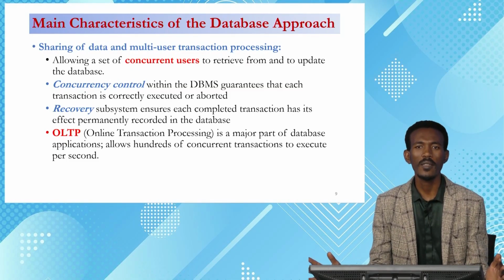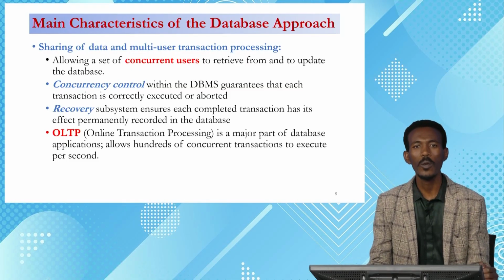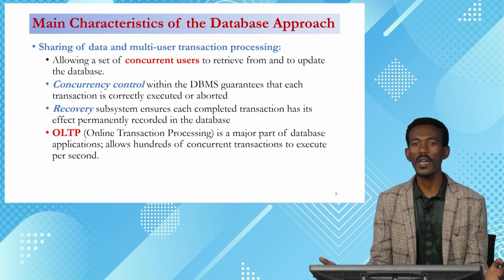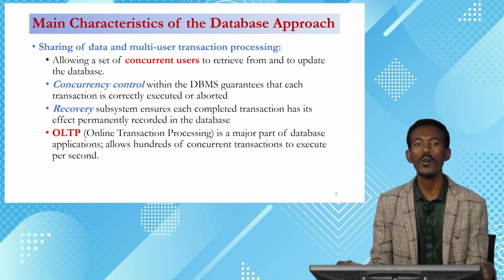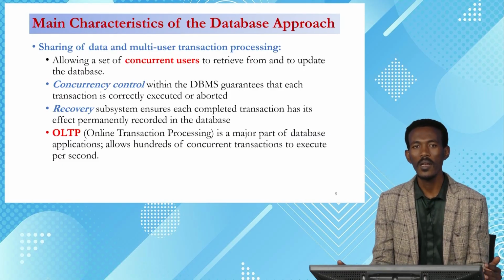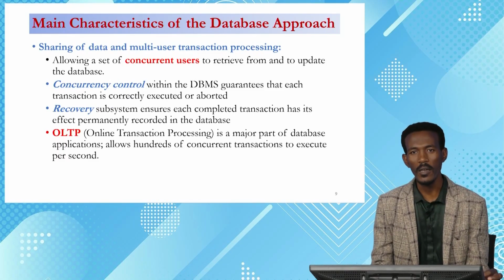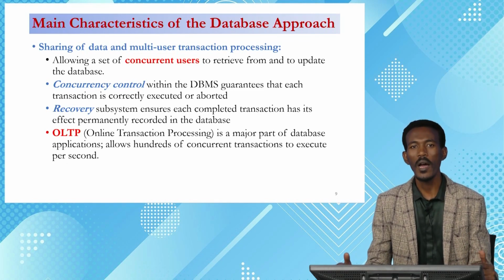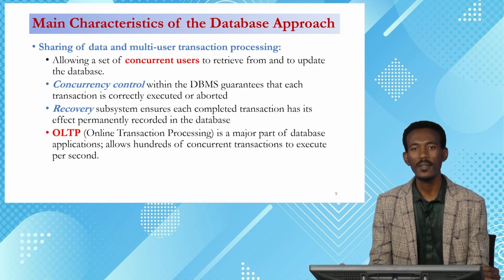Multiple users can access data at the same time, and we can share our data. We use concurrent users to retrieve forms and to update our database, which helps us manipulate the database whenever and wherever we are. Those help us have better access as well as better updates on our databases.